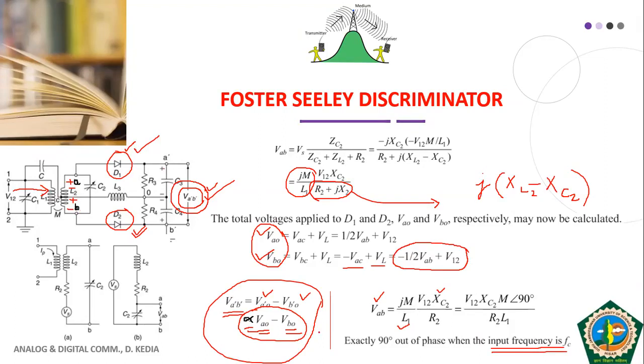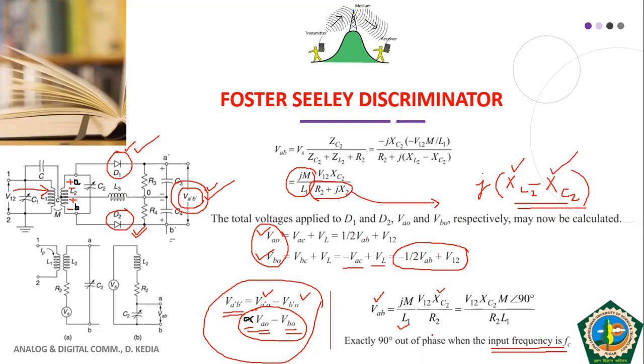So I am having the resonant frequency, and at resonance inductive reactance is equal to capacitive reactance. So XL2 equal to XC2 will give me X2 as 0.